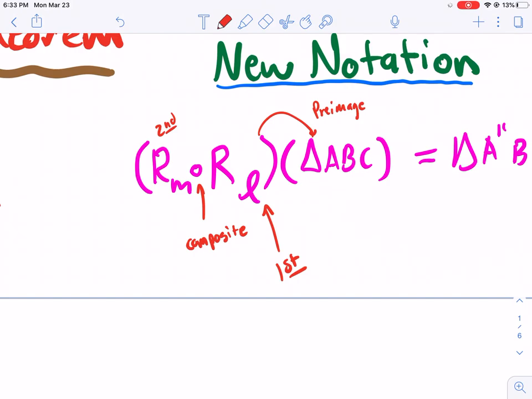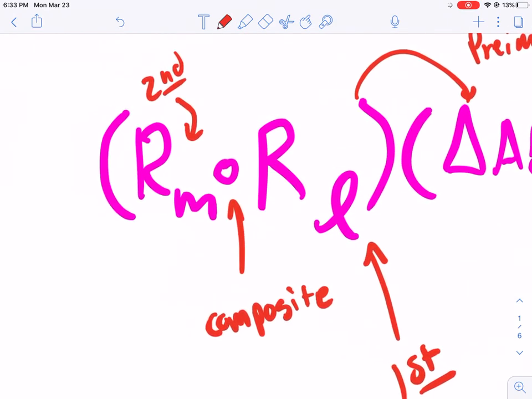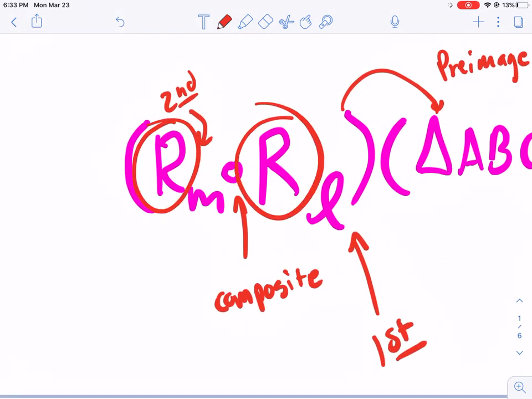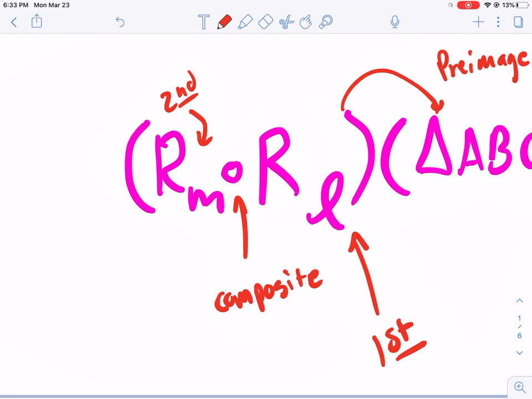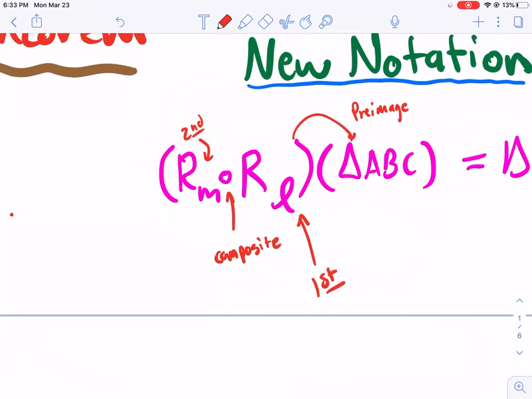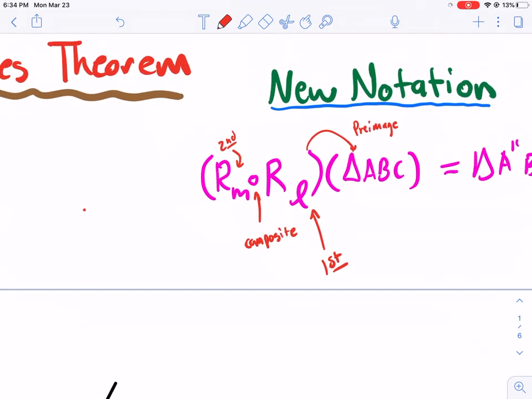Now, both of these are reflections, which is okay. You can do more than one reflection. Just keep in mind, we do the one to the right first, and then the one to the left second, the one closest to the preimage first. And this is something that you're going to do in Algebra 2 also with composite functions, as well as some other math courses.